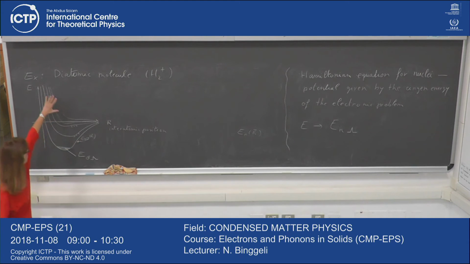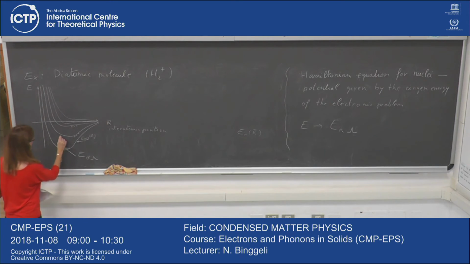So this part will not need to be considered. But to be complete, I'm first giving you everything and then telling you what one can neglect. So for n equal to 0, in principle, solving the latest equation I gave you, one has a series of levels here which correspond to the nuclei vibration in this potential.